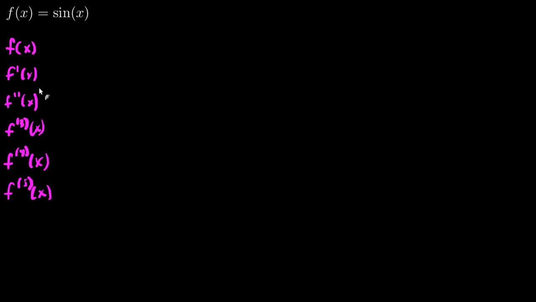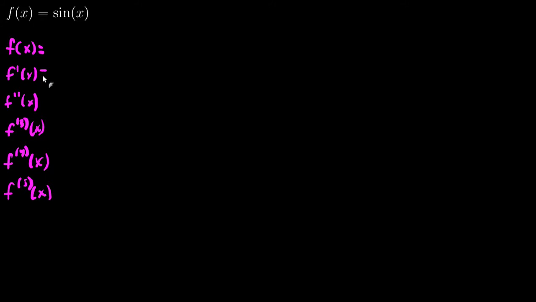But let's look at sine. So in sine, in order to find this, I'm going to just go through the process. Look at f of x, look at f prime of x, look at f double prime of x, look at the third derivative, look at the fourth derivative, look at the fifth derivative, and see what happens.